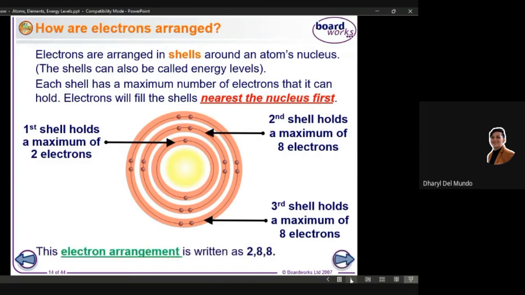Alright? So the electron arrangement is written as 2, 8, 8. And the outer electrons are called valence electrons. Is that clear?